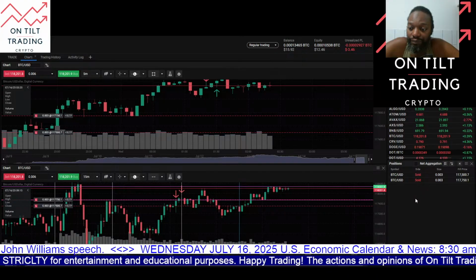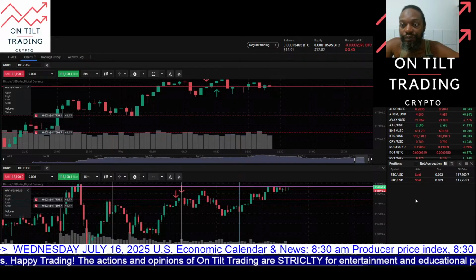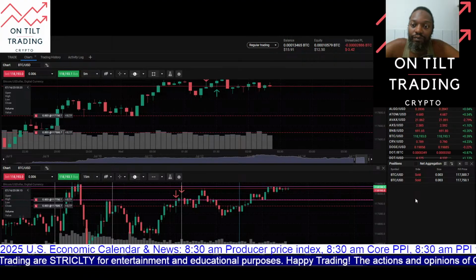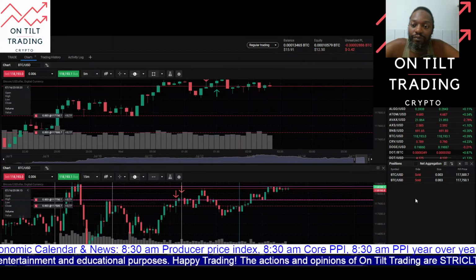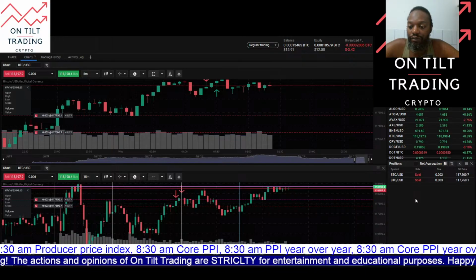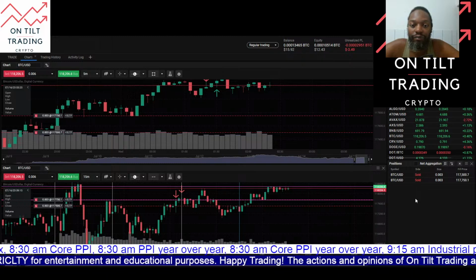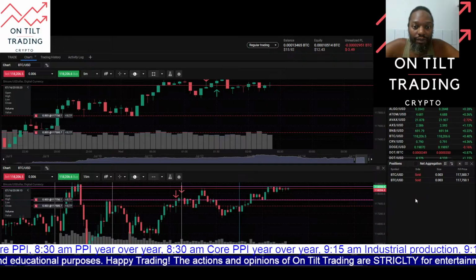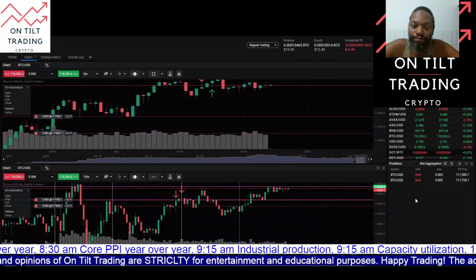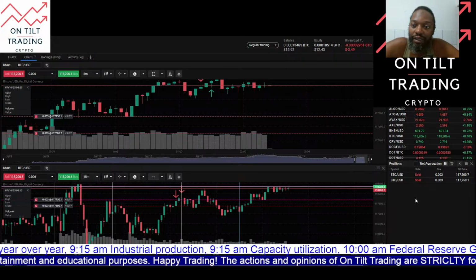118,200. Less than 1 minute remaining in the current 5-minute candle. Price holding on tight to this 118,200 level. If there is institutional involvement, they are busy at this level.